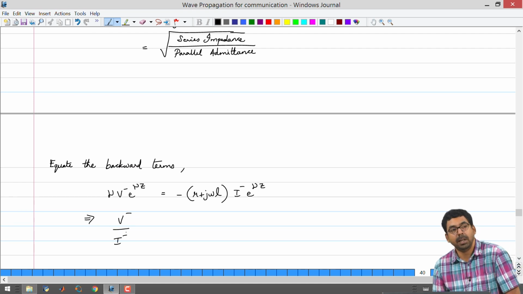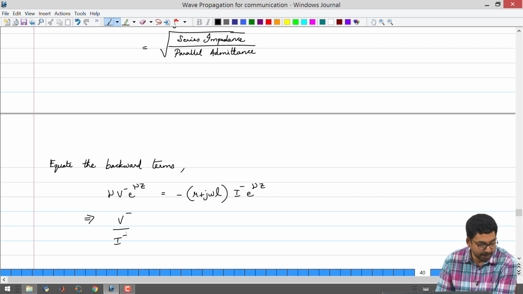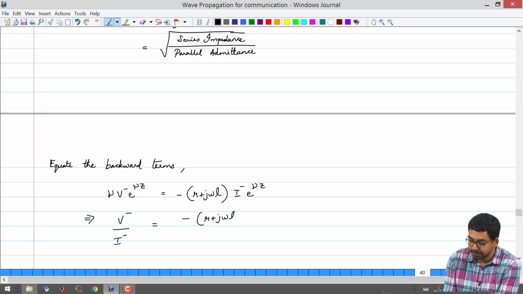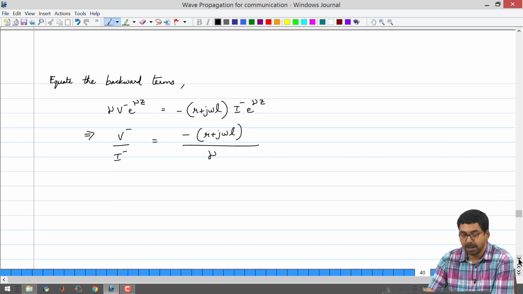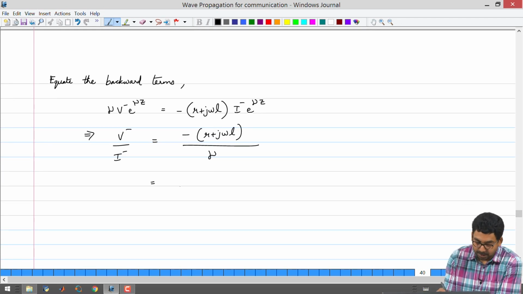This ratio has to be equal to the characteristic impedance again, but we notice that in the numerator we have minus (r plus j omega l) divided by gamma. Once again, gamma is going to be equal to square root of (r plus j omega l) times (g plus j omega c), which means that the ratio will look like negative square root of (r plus j omega l) divided by (g plus j omega c).